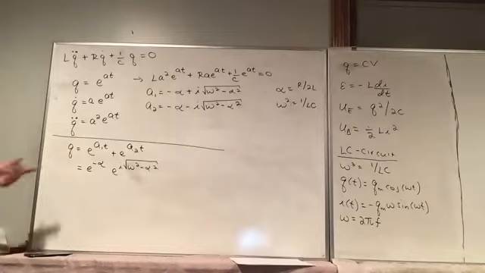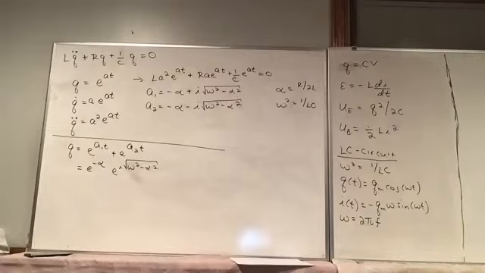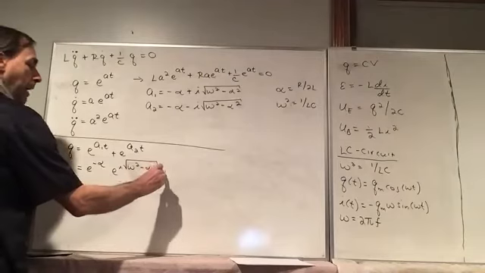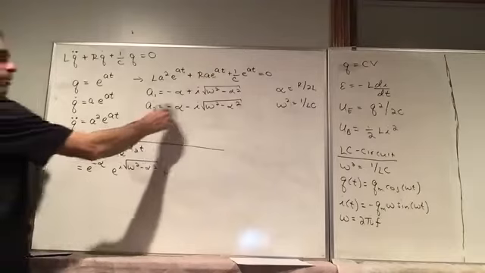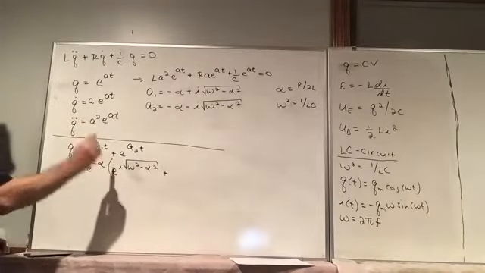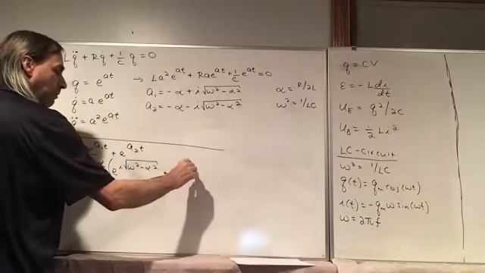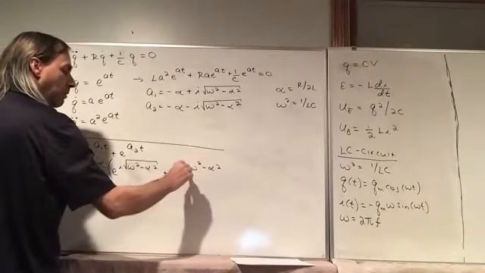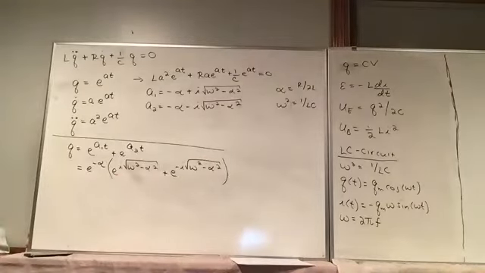So again, when you have the same base, you just add the exponents. So we can break this up into pieces. And then the second piece, plus e to the A2t. Well, that's going to start out the same way. We're going to have this e to the minus alpha t, so we can factor that out. Okay, so this might be looking horrible, but it'll actually turn out to be pretty reasonable.